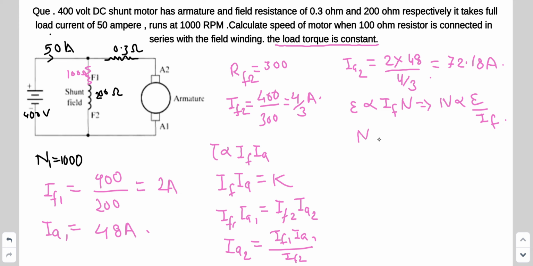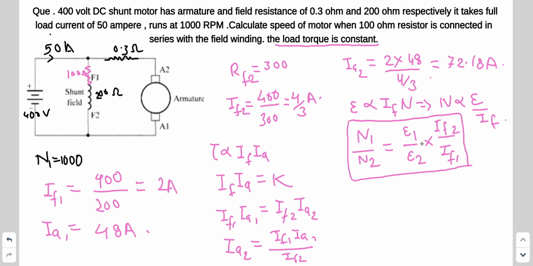So N1 divided by N2 will be equal to E1 divided by E2 into IF2 divided by IF1. We have IF1 and IF2. We have to calculate E1 and E2 first.